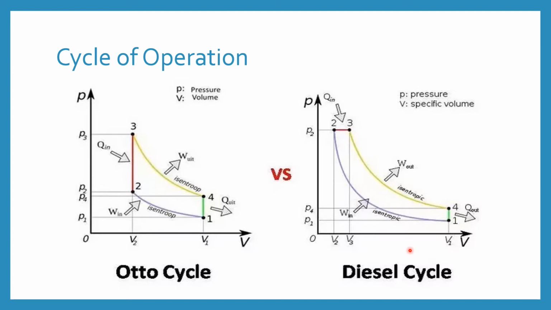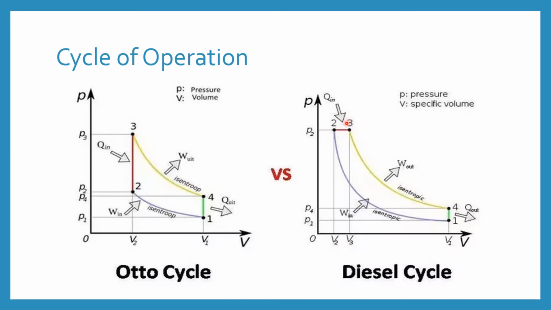Then comes the diesel engine cycle, where from 1 to 2 pressure varies from P1 to P2. Then it moves from 2 to 3, where pressure is constant, that is P2, and the volume varies from V2 to V3.